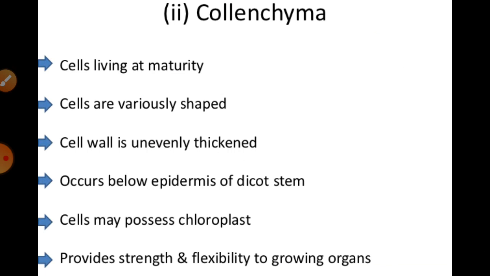And if we talk about their cells, they may be oval, spherical, or polygonal in shape, and sometimes they are capable of containing chloroplasts, right? These cells assimilate food when they contain chloroplasts. When this chlorenchyma contains chlorophyll, chloroplasts or plastids, at that time it is capable of synthesizing food in the plants.